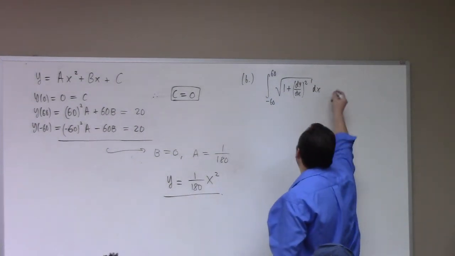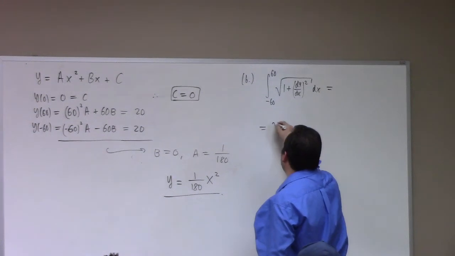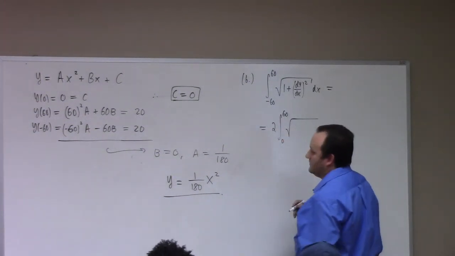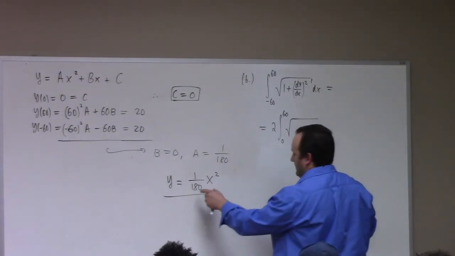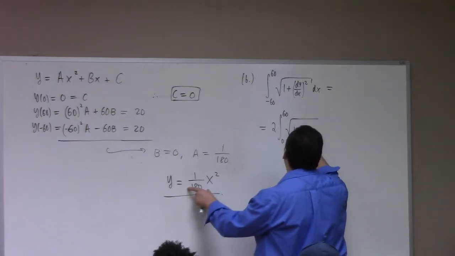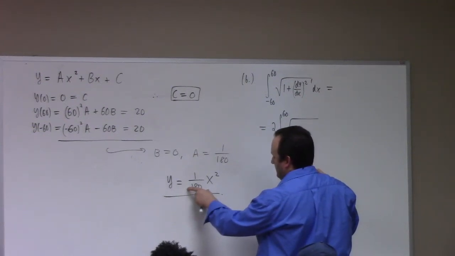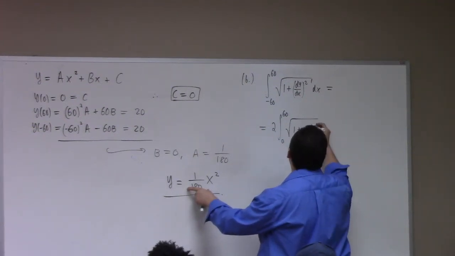Which, of course, we could be lazier: say 2 times the integral from 0 to 60 of the square root of 1 plus, what's dy dx here? It's actually just x over 90.